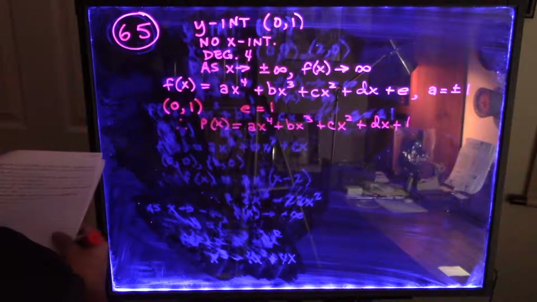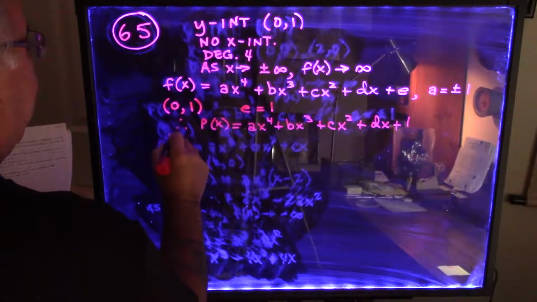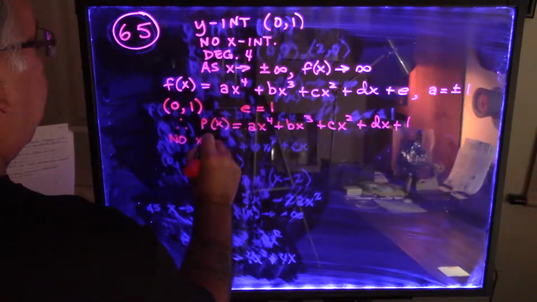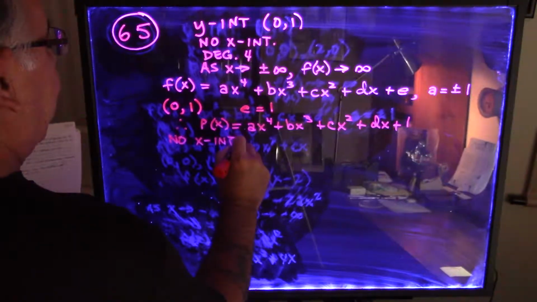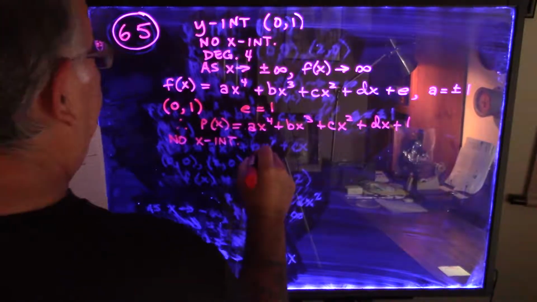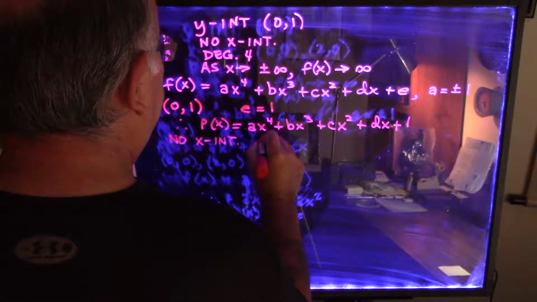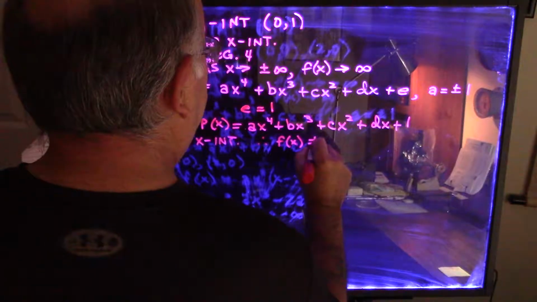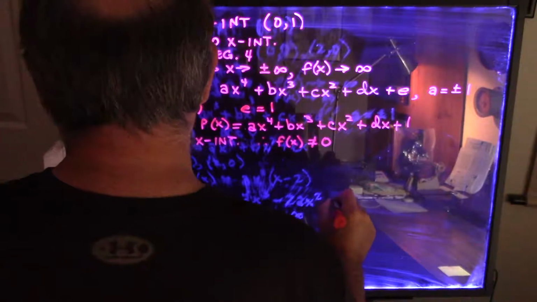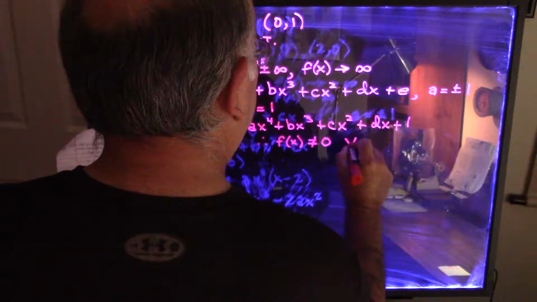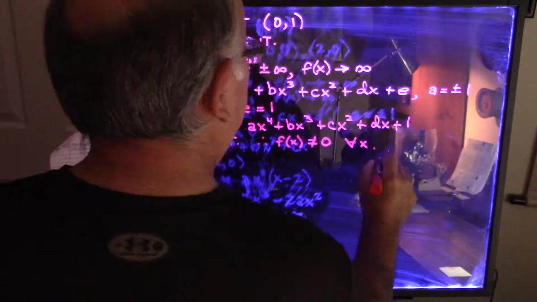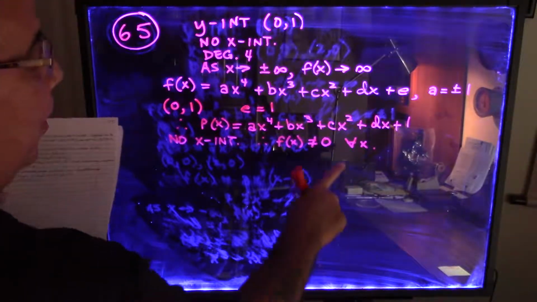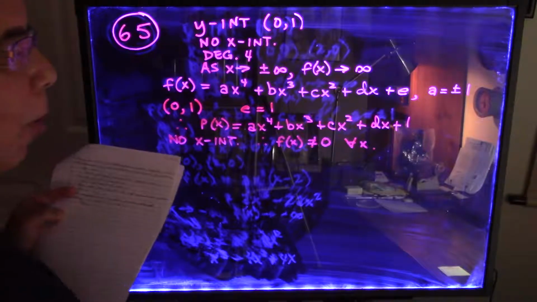All right. There's no x-intercept. And as I've already said, that means f of x does not equal 0. Therefore, f of x does not equal 0 for all x. This upside down capital A in logic means for all.